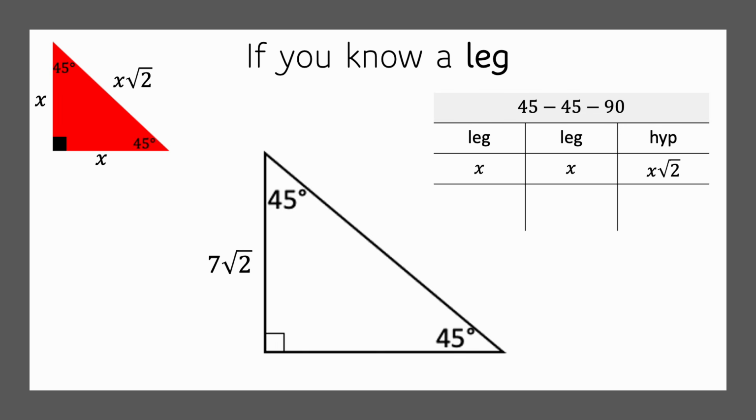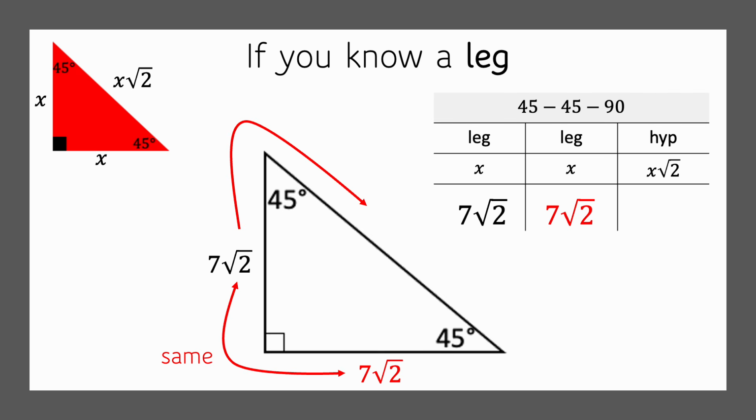The leg is 7 times the square root of 2, so I can put that into my table. Now, if I know one leg, I automatically know that the other one is the same, so 7 root 2 again. To find the hypotenuse, I'll just multiply that by the square root of 2, but I can't just stick another root 2 on the end of it like I did before.